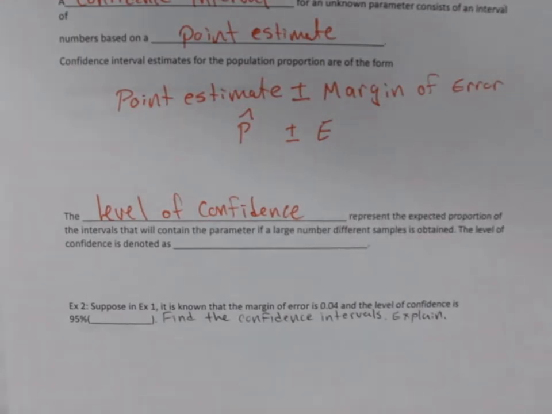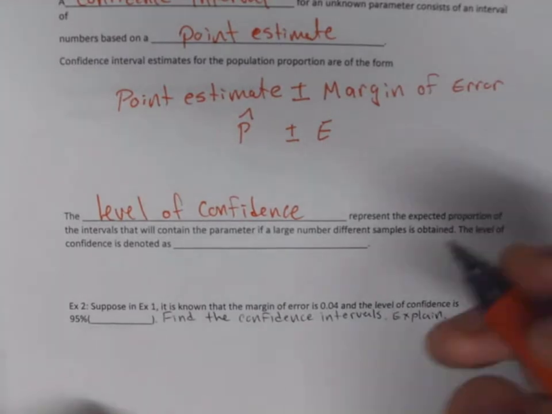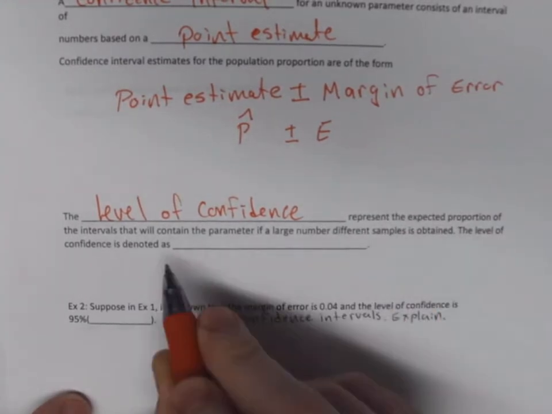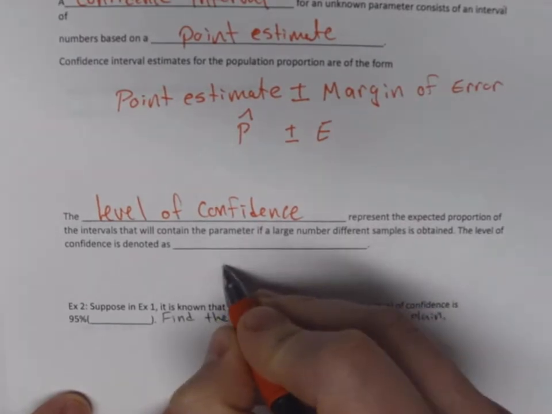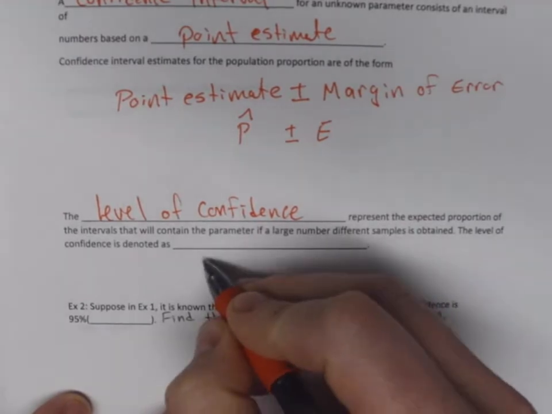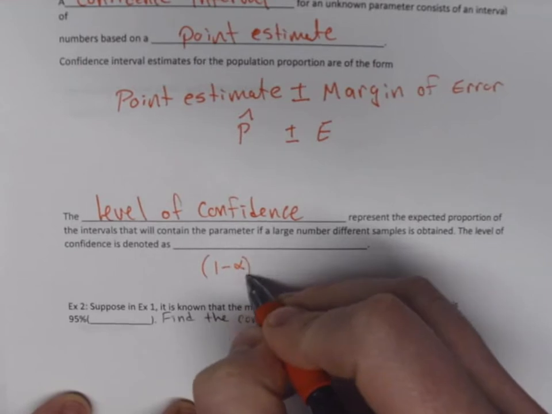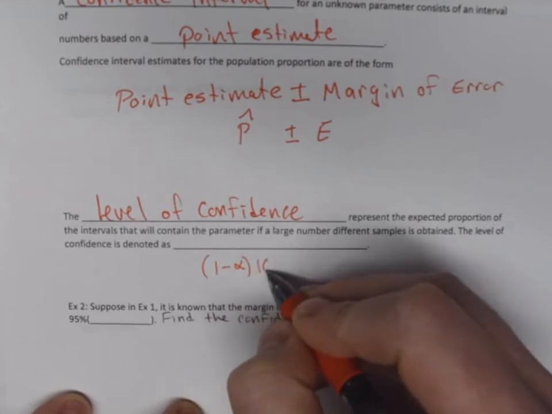So we need a level of confidence because each sample will have a different mean and standard deviation. So we want to create this confidence interval using a level of confidence, and we'll get into more about what that means. So the level of confidence is denoted as, and I'm going to write it right here instead of on that line, 1 minus alpha times 100%.